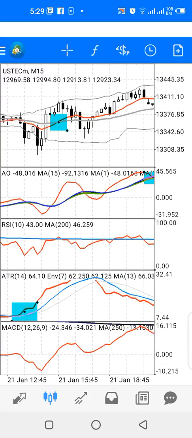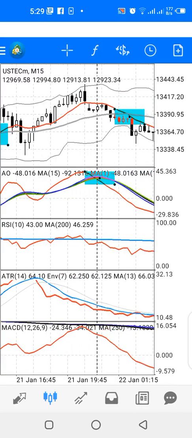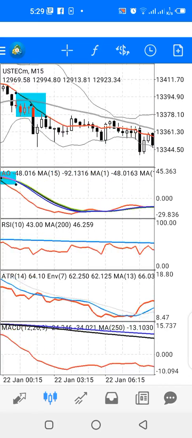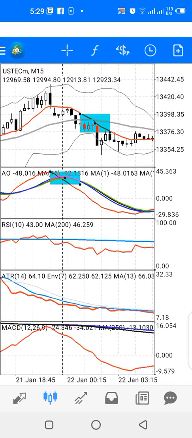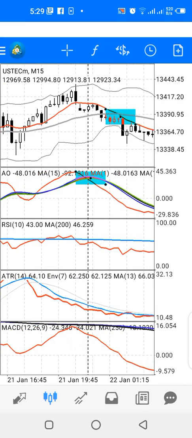But when you now have the alignment of other indicator signals with what is happening on indicator 3, you have a near perfect signal entry. What do I mean by that? You have a sell here on the main chart.